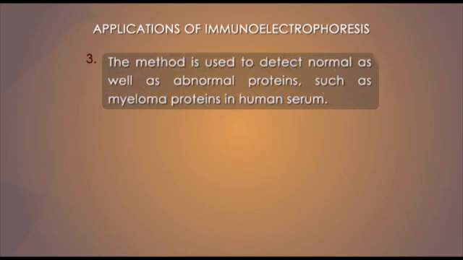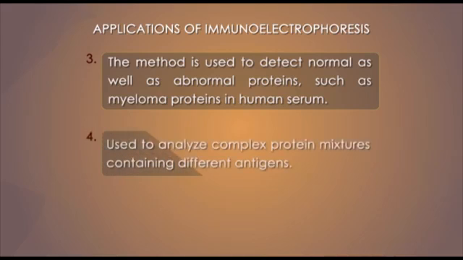The method is used to detect normal as well as abnormal proteins such as myeloma proteins in human serum. 4. It's used to analyze complex protein mixtures containing different antigens.